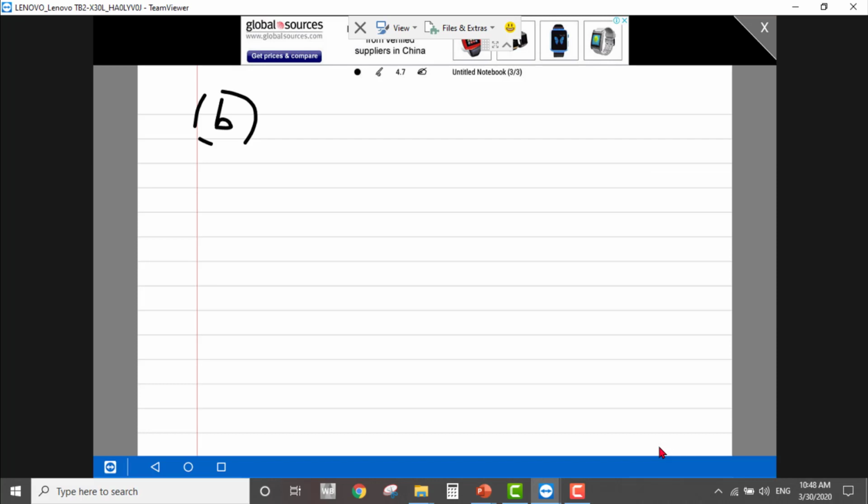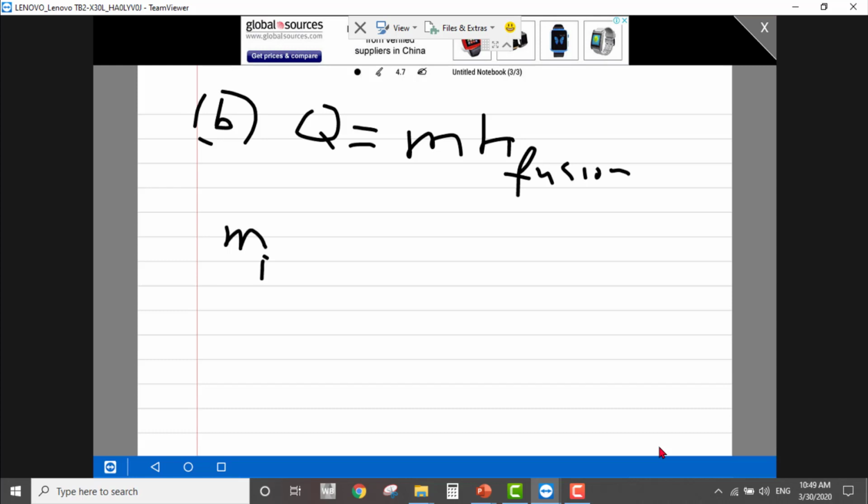So we need the amount of ice melt. In order to account for this, we'll use this equation, Q equals mass multiplied by H fusion. So I need the mass of ice, and this is equal to Q over H, but H is given, which is 333.7. The only problem now is Q. Q is not there.